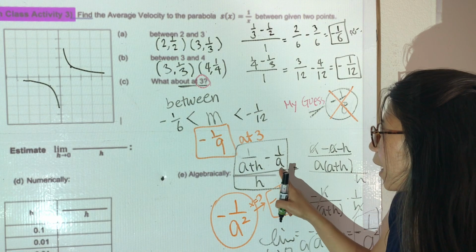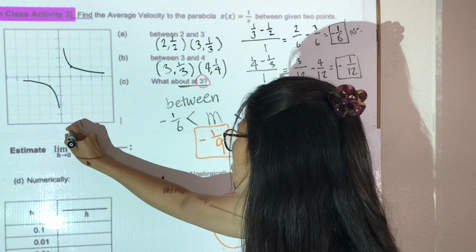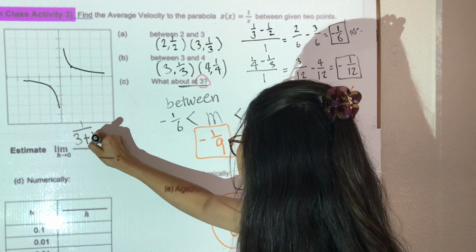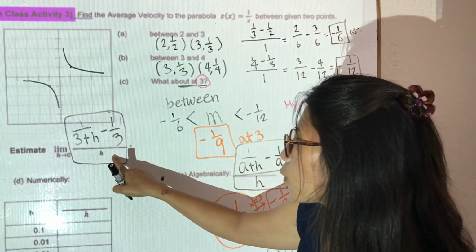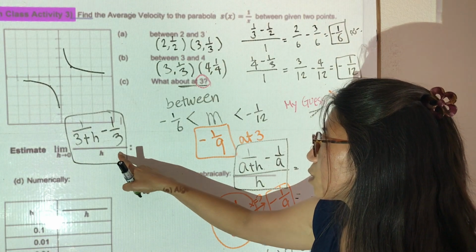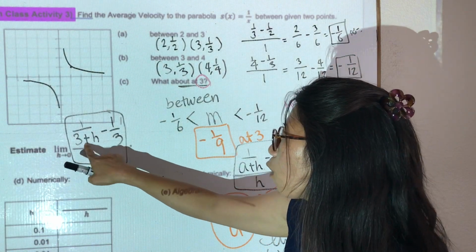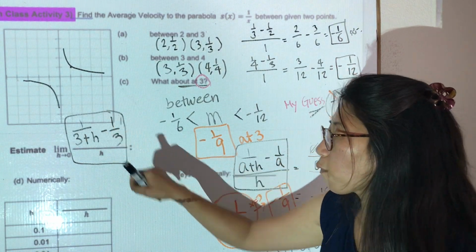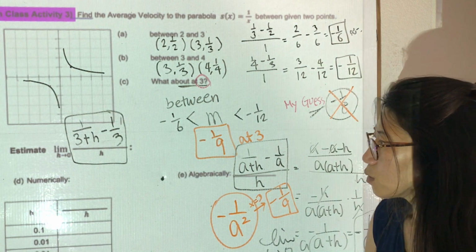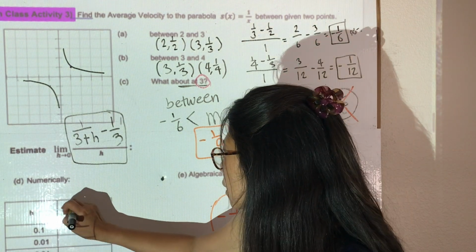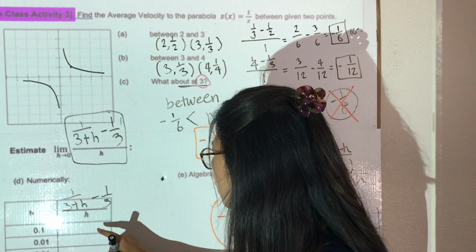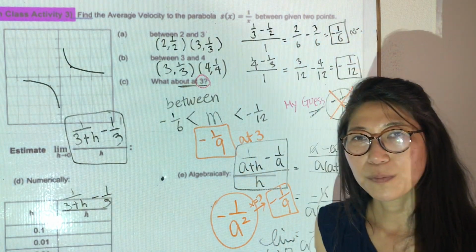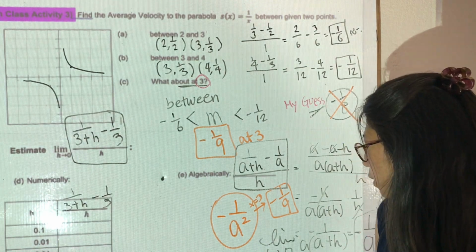So all the a's I can rewrite as 3: 1 over 3 plus h minus 1 over 3. This is the slope formula that I like, to see where the slope is going around 3 of the 1 over x function. If you want to see it, I want you to punch in those values and figure out those numbers. Let's pause the video quickly.